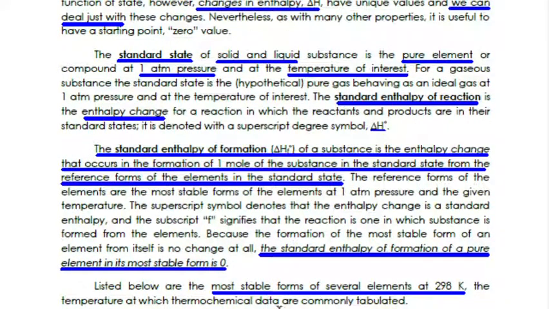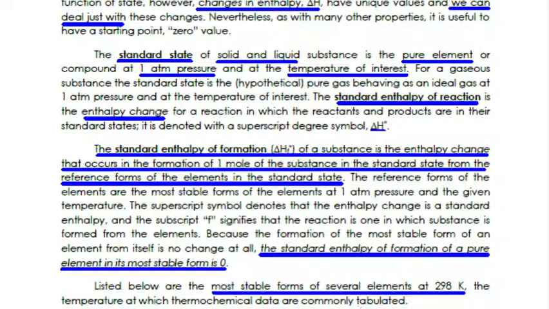The following are examples of elements in their most stable form. Please take note of the subscript. This is their state: sodium as solid, H2 as gas, nitrogen as gas, oxygen as gas, carbon as graphite. Take note that carbon has two forms, but graphite is the most stable form.